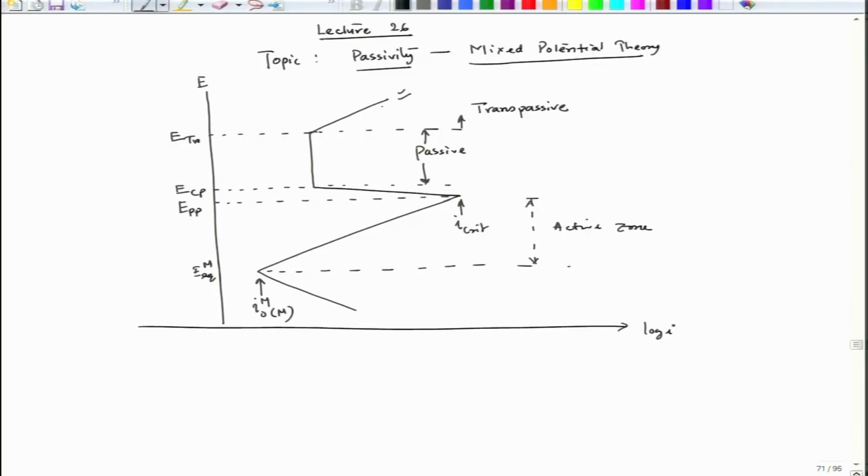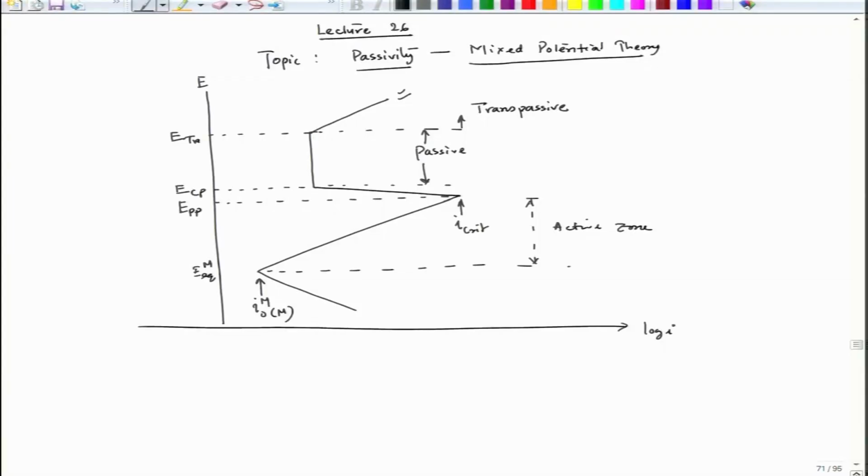If it happens like this, the metal forms some complex metal ions which will not have any protection ability, rather it would try to dissolve. One such example is chromium.